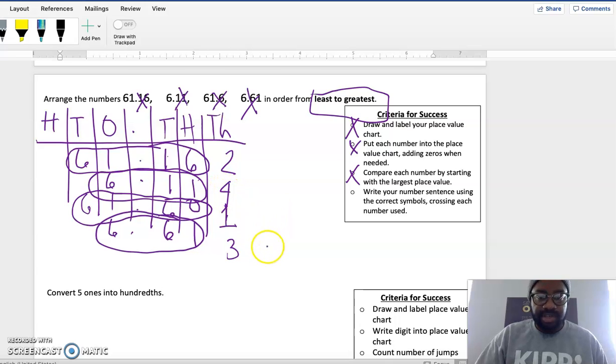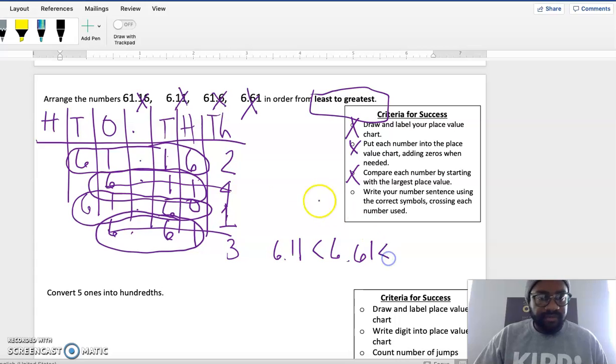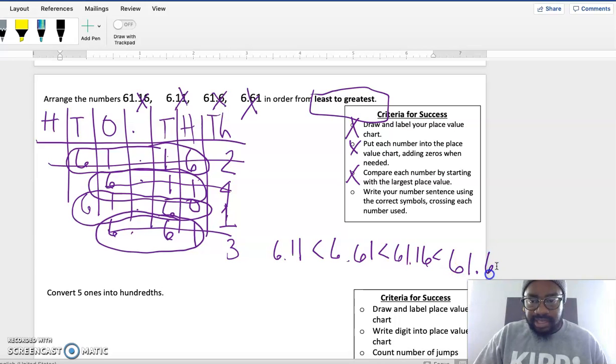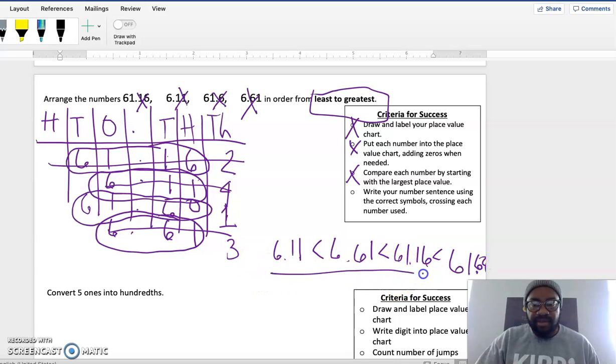So that's going to be 6 and 11 hundredths is less than 6 and 61 hundredths, which is less than 61 and 16 hundredths, which is less than 61 and 60 hundredths. There is my final answer.